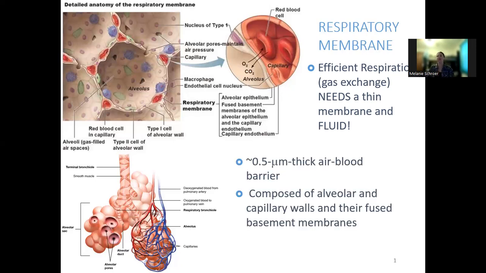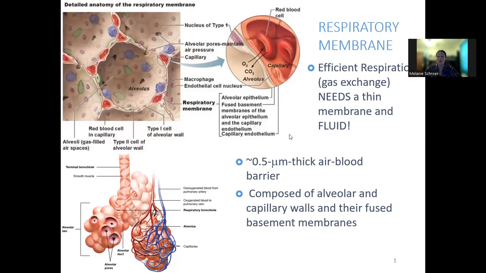So what we ultimately have is an approximately half a micrometer thick air-blood barrier. For some context, this is like a 40th the thickness of a piece of tissue paper. Very, very thin, the thinnest possible membrane so that oxygen diffusion is limited the least.